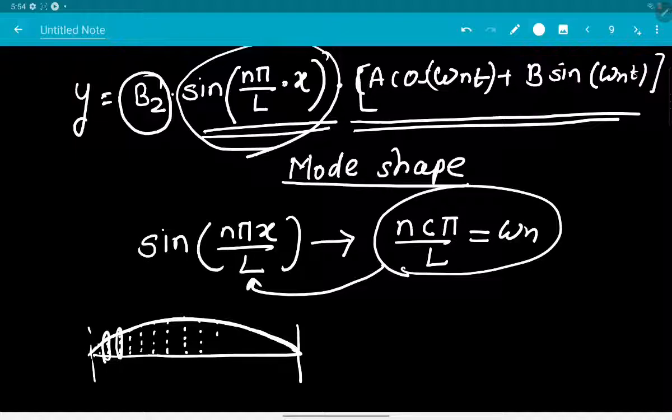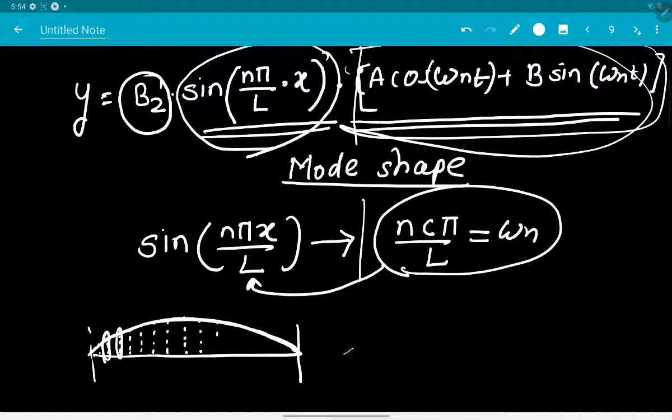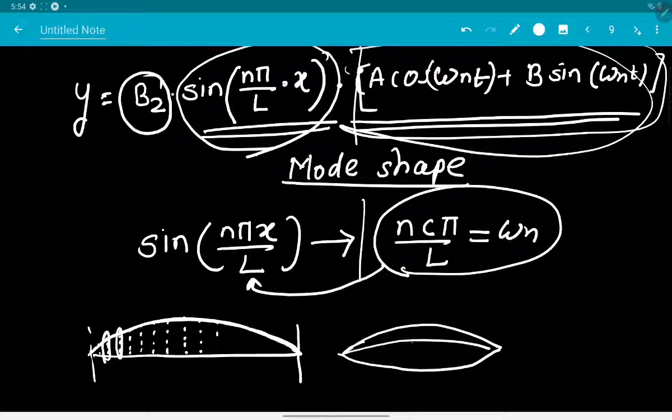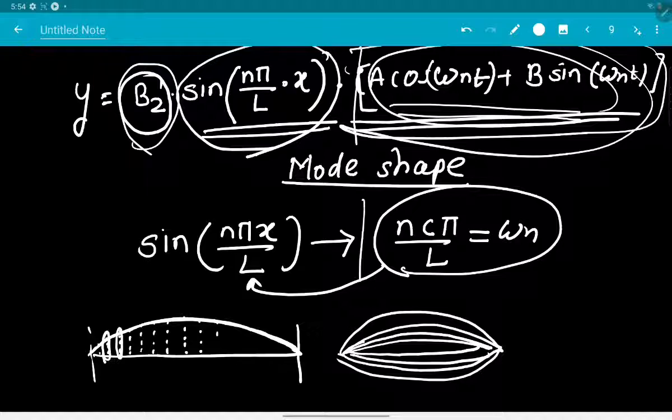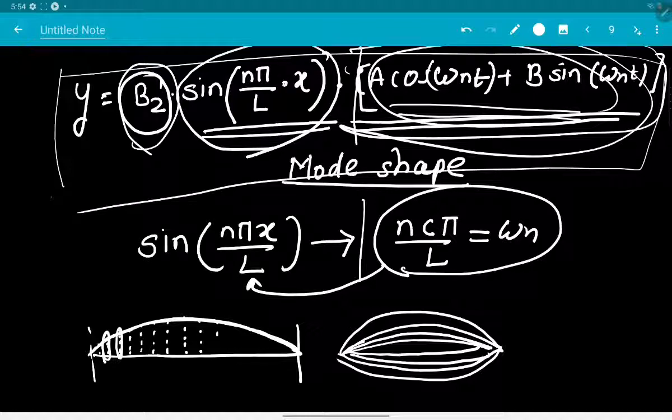The only thing is that the time dependent term that gets multiplied to this is going to change. So this shape as is is going to vibrate. This entire shape vibrates. As time changes, that entire shape is getting multiplied by this term and this term. Okay, so this is the vibration of the transverse string that we are almost done with.